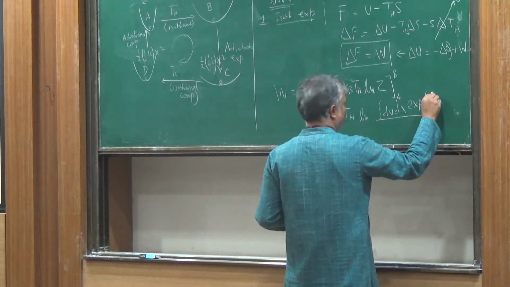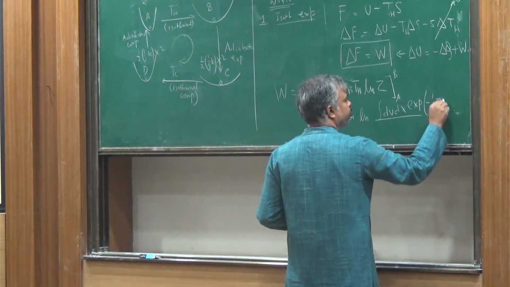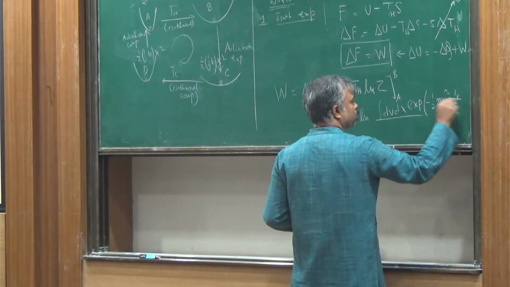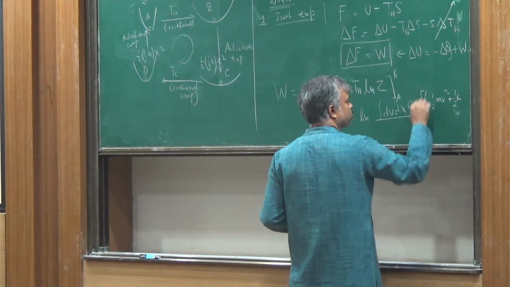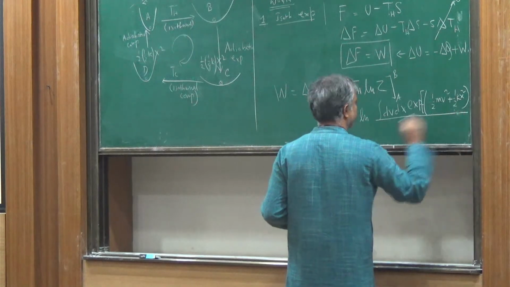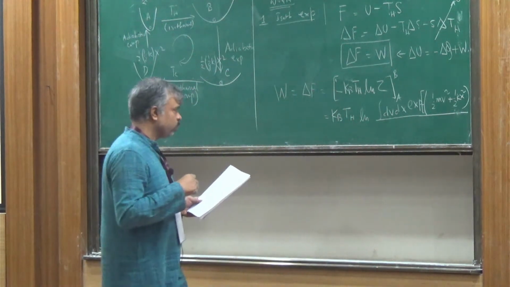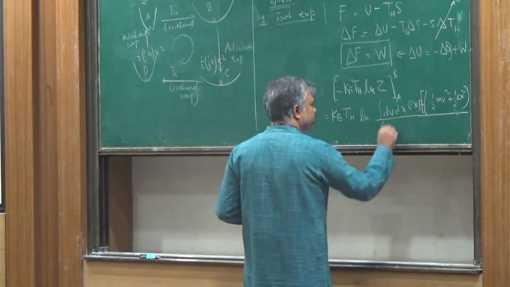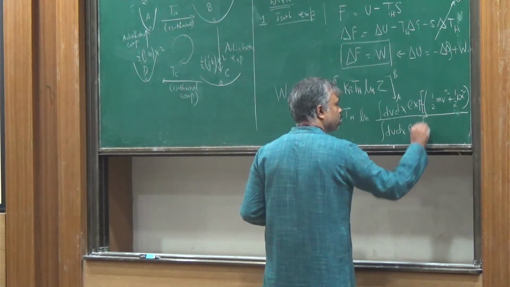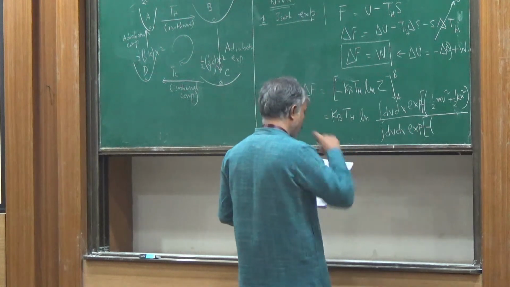Minus half mv square plus, and in the denominator we have x minus.